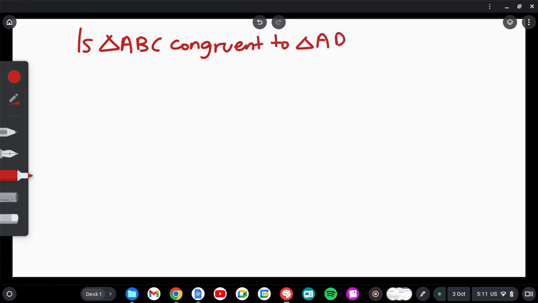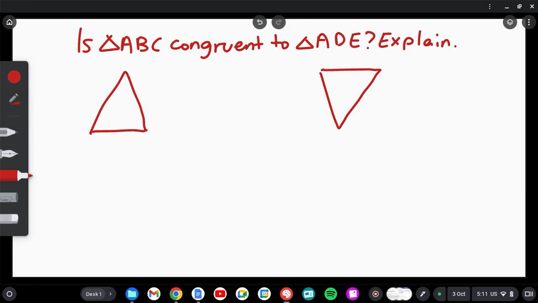So let's say if I have this question here. I'm going to draw these two triangles. I just label them quickly.